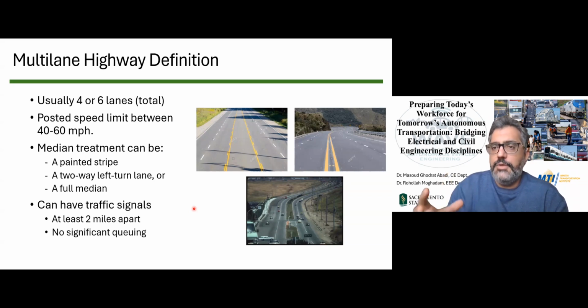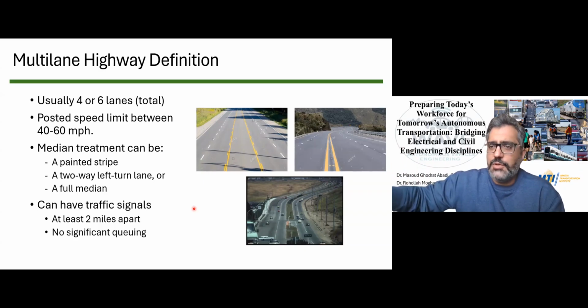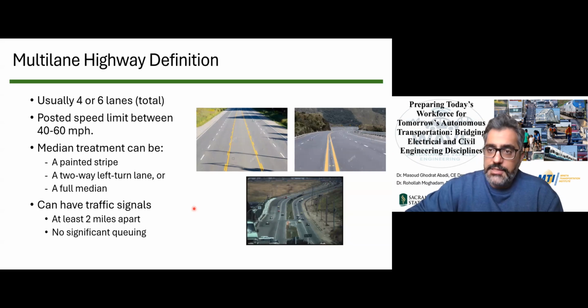Most frequently, it happens in rural areas. Like if you have a multi-lane highway that is going through some rural areas, and then there is a recreational area, or maybe there is a residential area, a village that connects to this multi-lane highway, because of safety concerns, like if a vehicle wants to turn left or cross, we may have traffic lights.